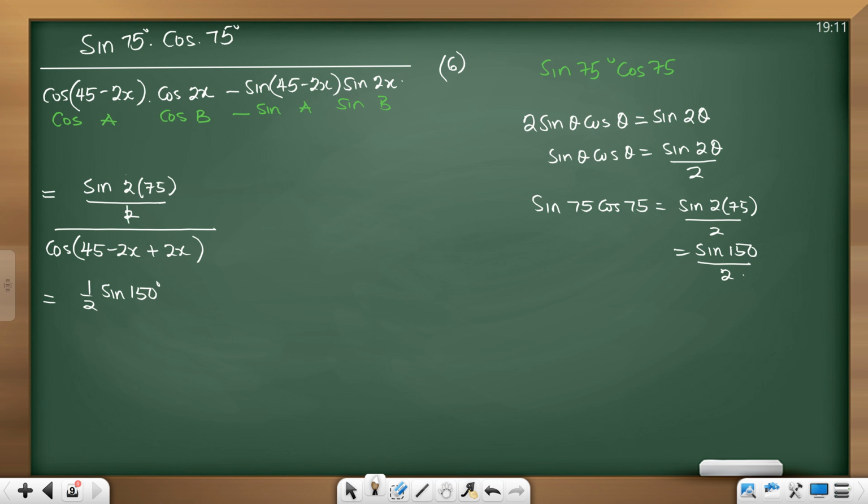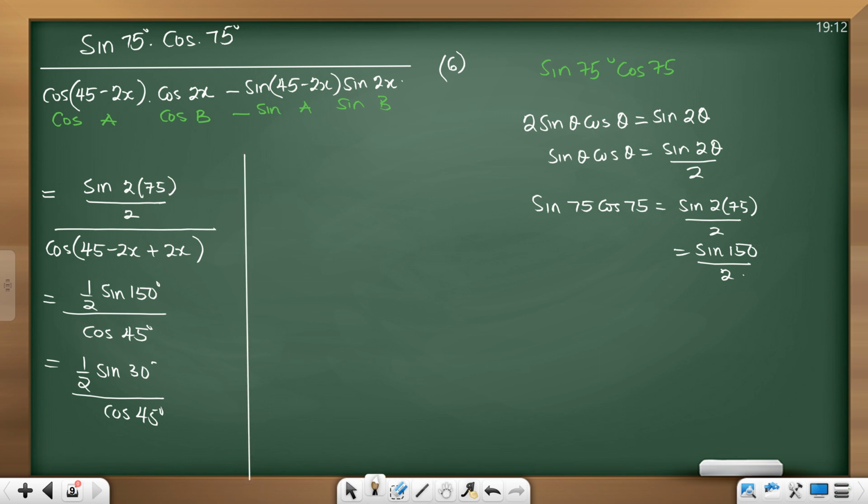Guys, I'm not cancelling. We cannot do that. The 2 is same thing as half over what? Cos 45. But sine 150, we have to reduce to what? Sine what? 30 over cos 45. I'm just trying to do so many steps, which is not necessary, but I want to take you through. What is sine 30? Half.